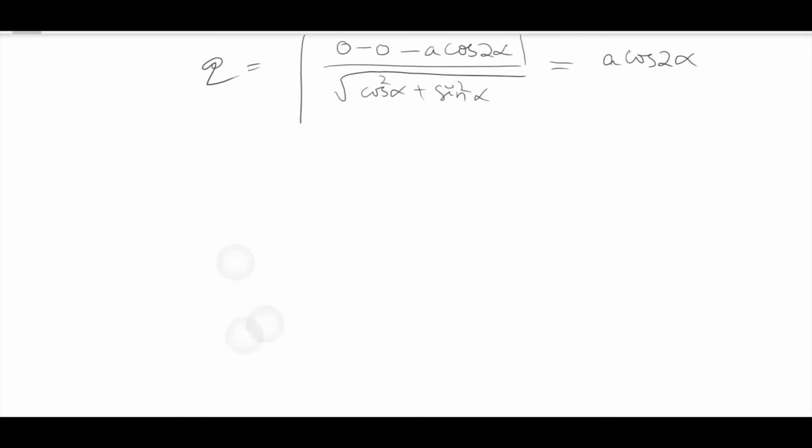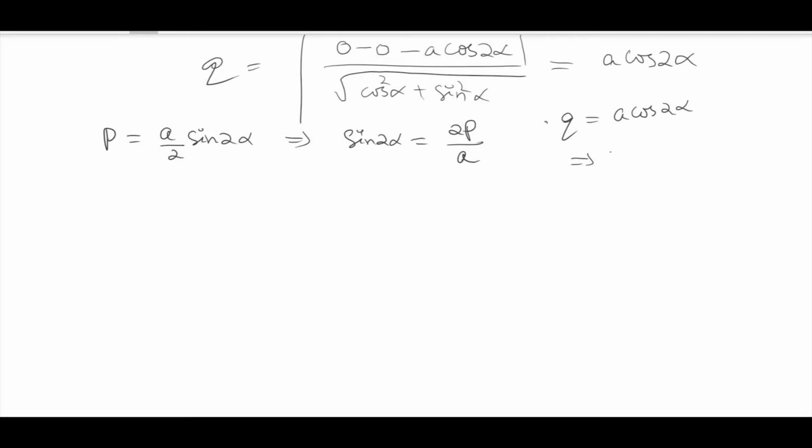So I got p equals a by 2 sin 2 alpha. That implies sin 2 alpha equals 2p by a, and q equals a cos 2 alpha. That implies cos 2 alpha equals q by a.